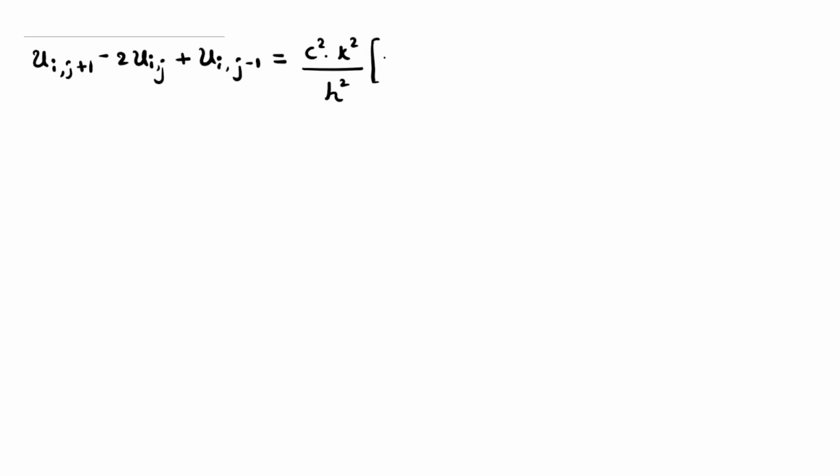Write the remaining terms as they are: u of I plus 1 comma j minus 2 times u of I comma j plus u of I minus 1 comma j.